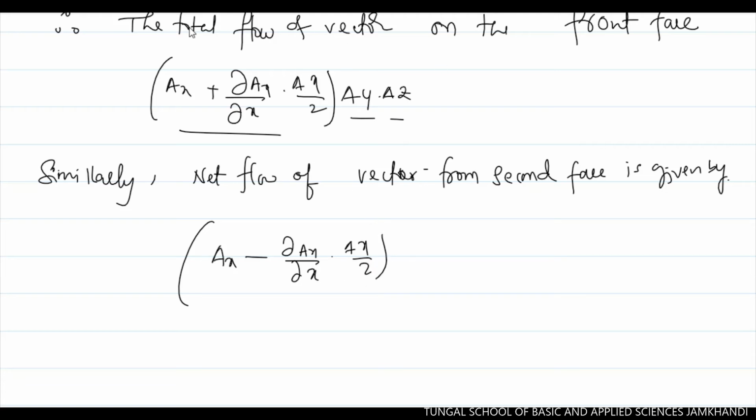Here from the first face it is coming out, that's why we consider this one as an outward flow. Then here I will consider this one as an inward flow. This is Δy into Δz, only dependence on x, it is only the Ax component, that's why it is the x derivative, so it is inward flow.